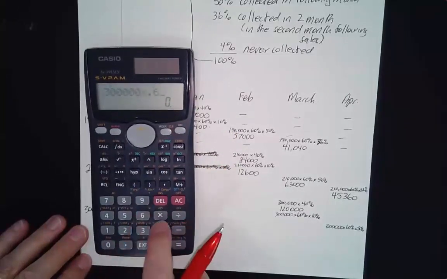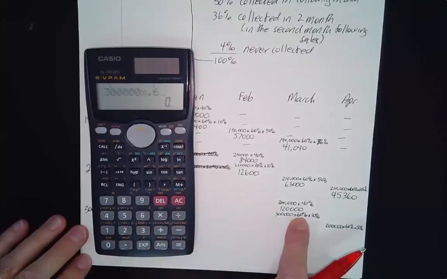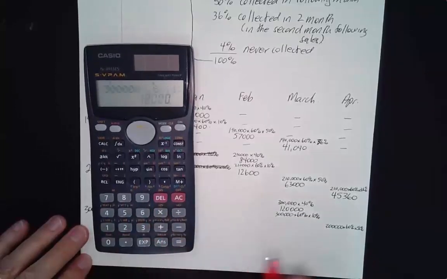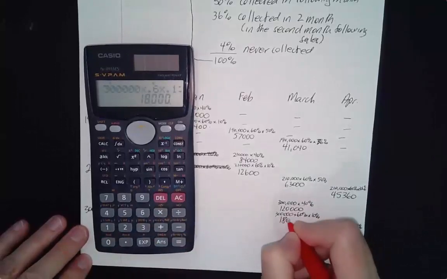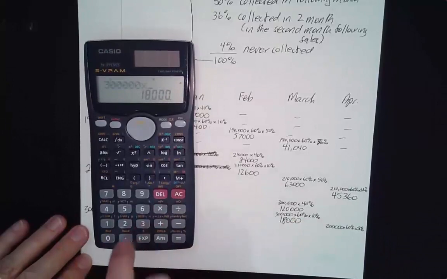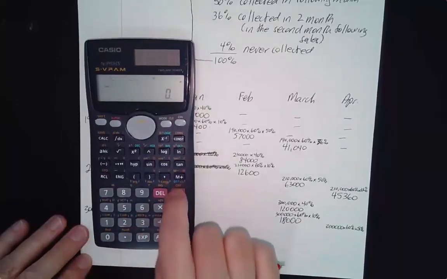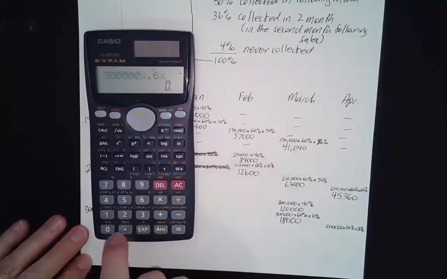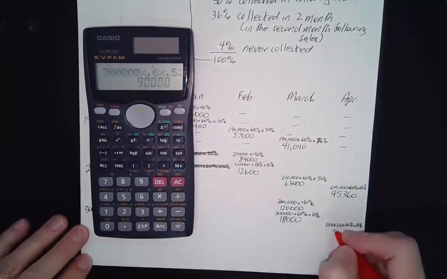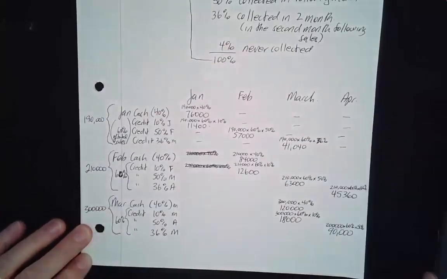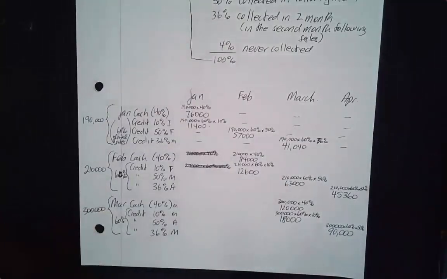Remember, multiply by 0.6 to get the credit sales first, and then the amount that we're going to collect of those credit sales. 18,000. This is 90,000. And if we had May and June, we can keep going, right?